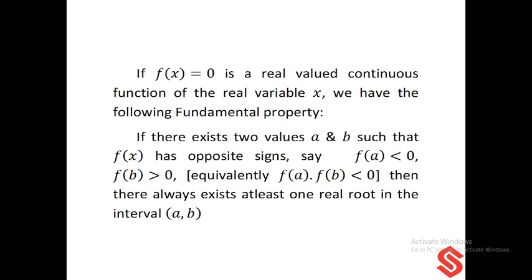If there exist two values a and b such that f of x has opposite signs, say f of a is negative, f of b is positive, or f of a may be positive and f of b negative, but equivalently the product f of a and f of b is negative, because plus into minus or minus into plus is minus. Then there always exists at least one real root in the interval a comma b.